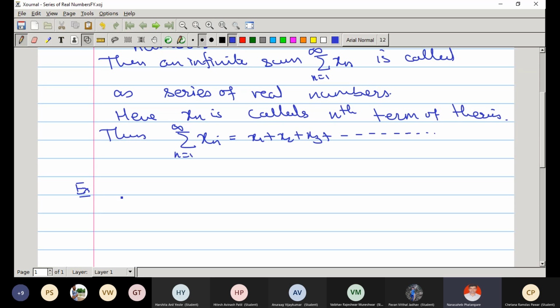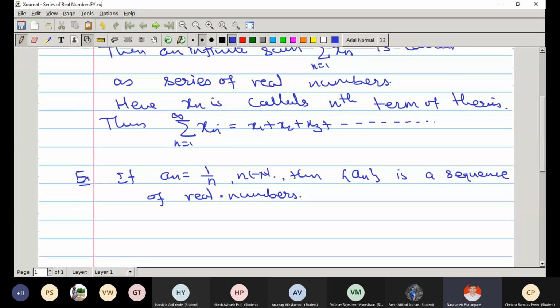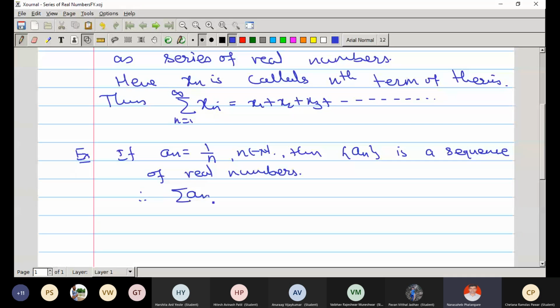So for example, if an is equal to 1 upon n, right? Then can I say that an is a sequence of real numbers? Right, an is a sequence of real numbers. Therefore, if you look at the summation of all these numbers, that is 1 by n, n from 1 to infinity, so what is it? 1 plus 1 by 2 plus 1 by 3 and so on.